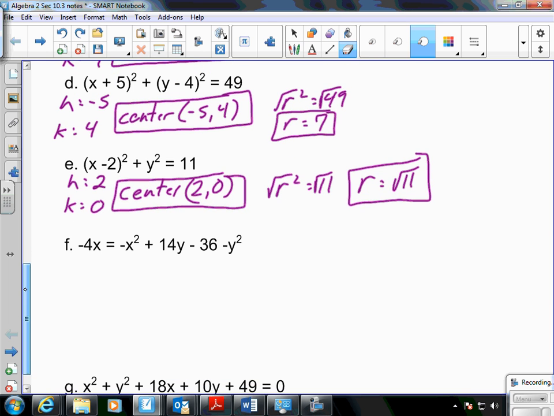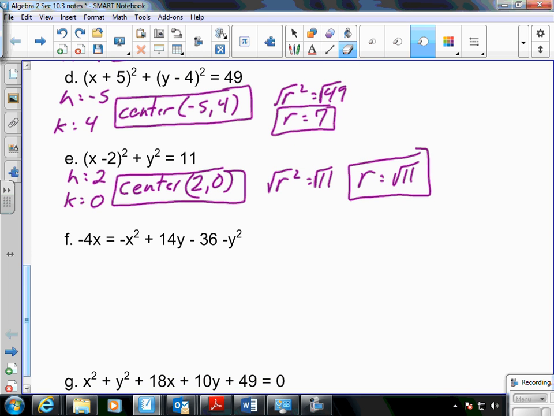Alright, so then f is a little different animal here. We don't have any parentheses, and we got a lot of extra stuff added in there. So what we're going to do first is move everything except for that negative 36 to the other side. So I'm going to add x squared.